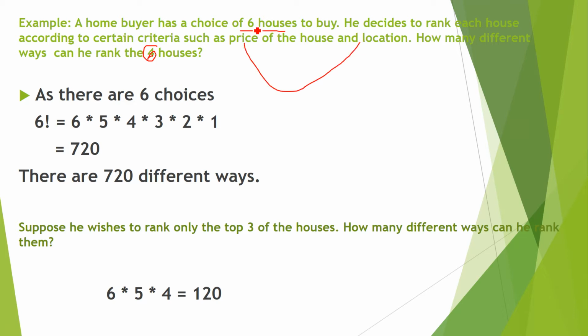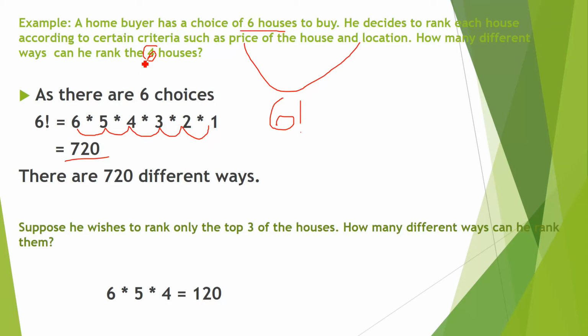It means 6 factorial, because in permutation you have to use the factorial. So 6 factorial means 6 multiplied by 5, 4, 3, 2, 1. So there are 720 different ways of ranking these 6 houses.